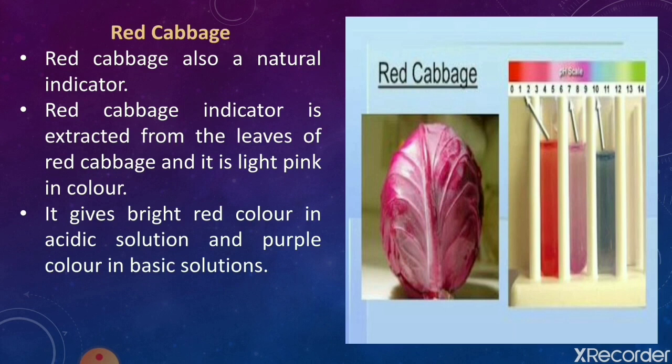When we boil it for some time, again the solution will become very light pink in color. So again you can test it with acidic and basic solution using lemon juice and detergent solution. When it reacts with the acidic solution, it will give bright red color, and when it reacts with basic solution, it changes into dark purple in color.